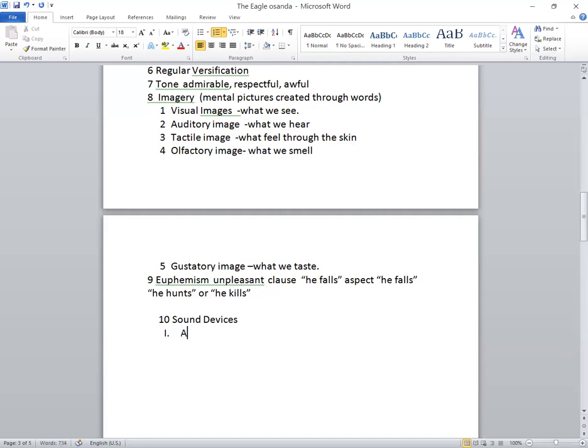Alliteration. One is alliteration. Assonance. The other one, assonance. Another one? Rhyming, yes, rhyming. Now, these are the 3 common sound devices. Alliteration, assonance, rhyming. Rhyming, assonance, alliteration.